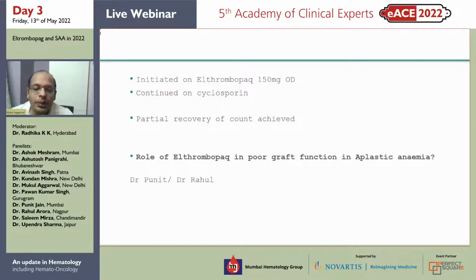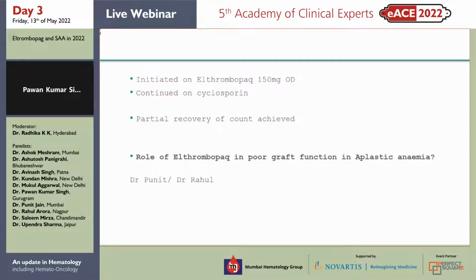Dr. Radhika, this patient is likely having, as Dr. Pawan said, a falling chimerism. For poor graft function, yes, eltrombopag does have a role in improving overall stem cell viability and improving the counts. But for this patient with falling chimerism, I would be a bit suspicious of adding eltrombopag just to improve the counts.